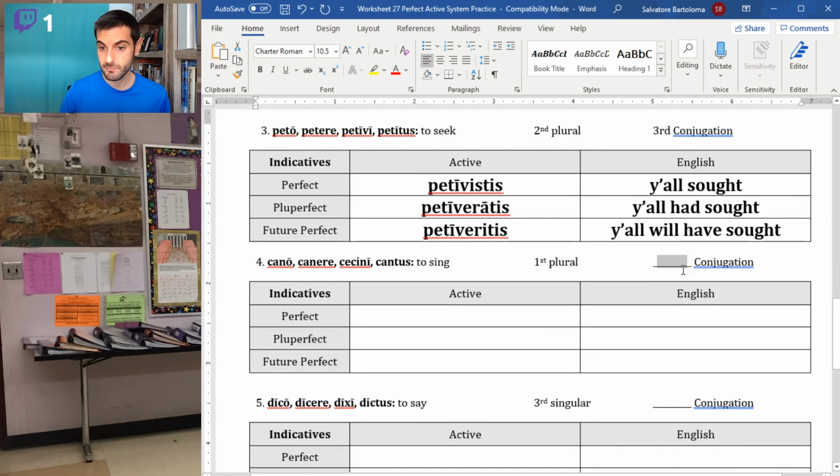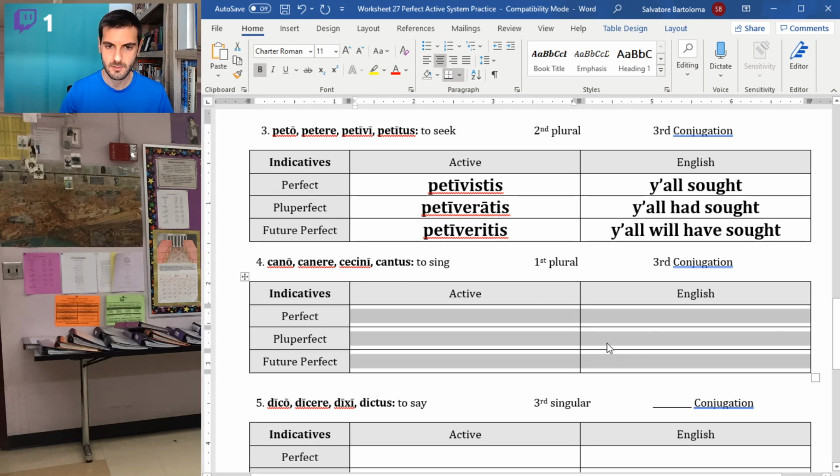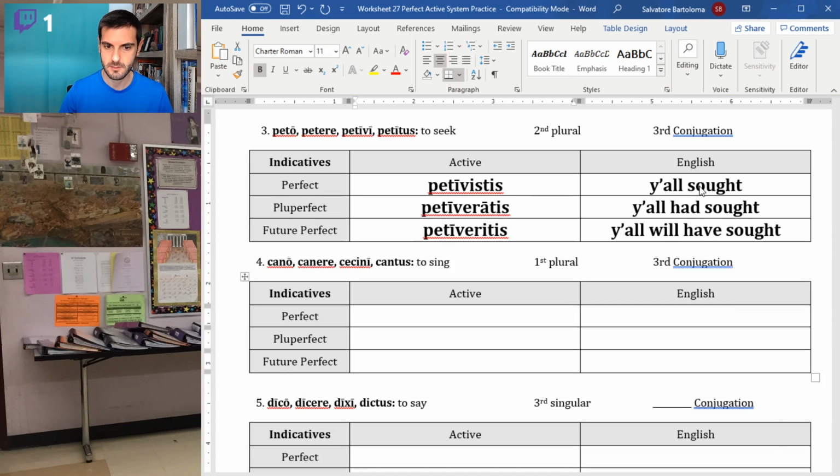Cano, third conjugation. Turns out third conjugation is pretty popular. We go for our third principal part, cecini. We chop off the i. So that's going to give us cecin-. First plural is the we form. Cecinimus. We sang.